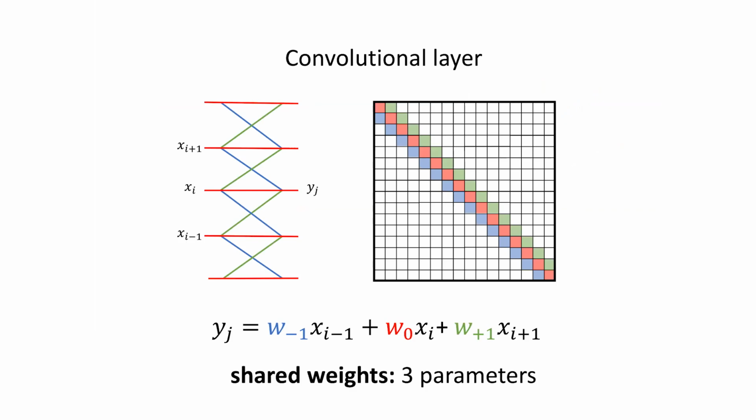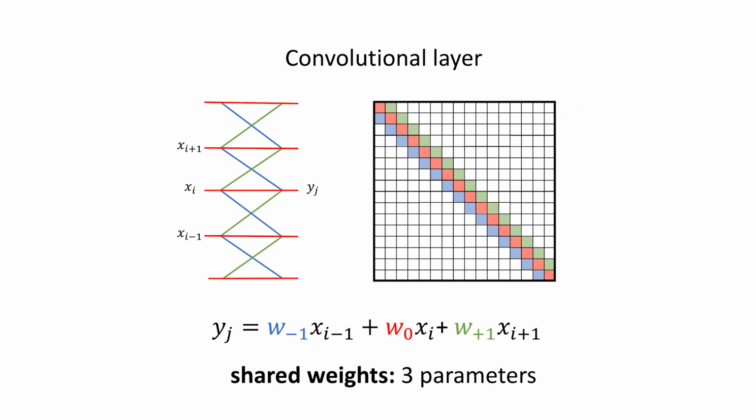So let's start with the convolution, and allow me to take a step back and talk about convolution on grids first. This is how a convolutional layer in a neural network looks. Basically, each output is connected to a fixed number of inputs, and they all share the same parameters.